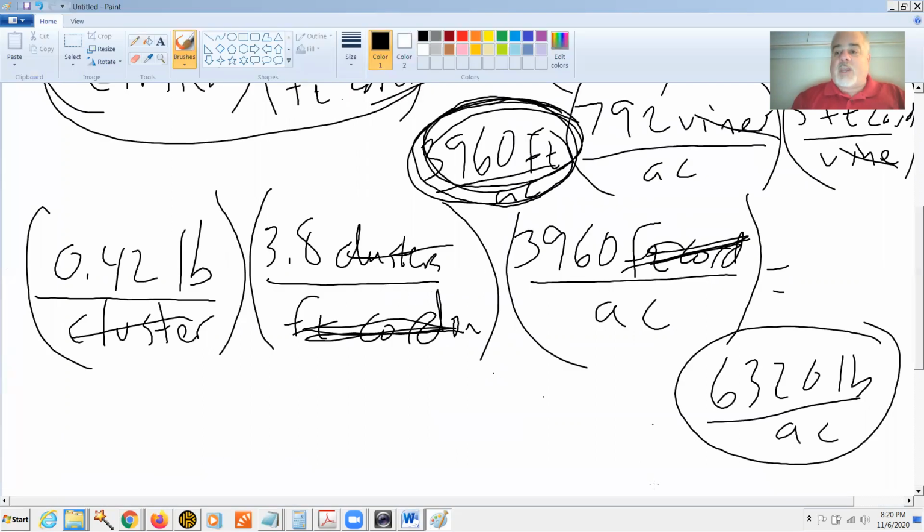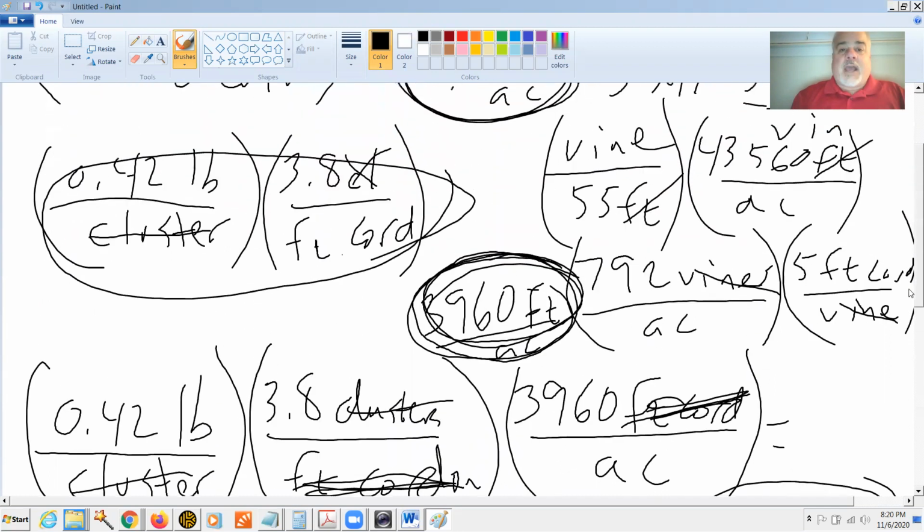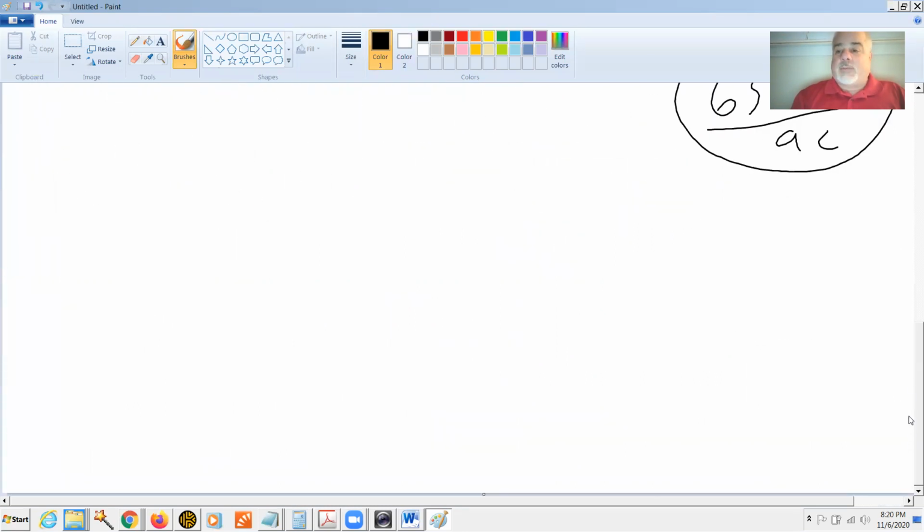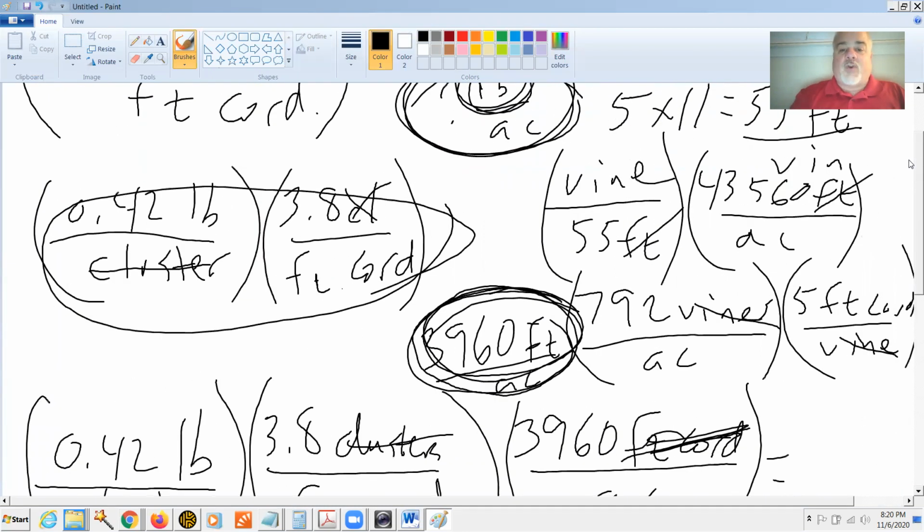The first part of the unknown is the question asking, how many pounds per acre will I be yielding? The second part of the unknown, which I didn't tell you at all, is how many linear feet of cordon per acre, 3960. Not only did I not give you that, but you had to figure out that's what you needed in order to finish this problem.